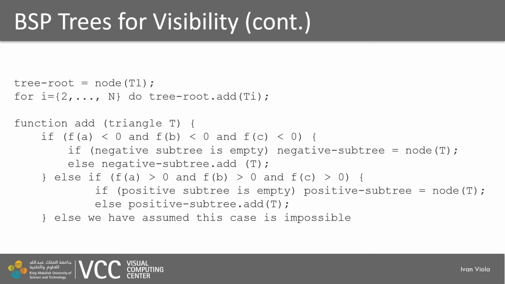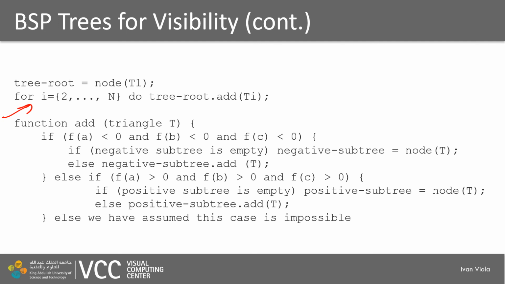Let's have a look how we can build such a tree as it was indicated on the previous illustration on the slide before. Well, imagine that we have several triangles to deal with. Therefore, we will be adding these triangles either to the left or to the right.